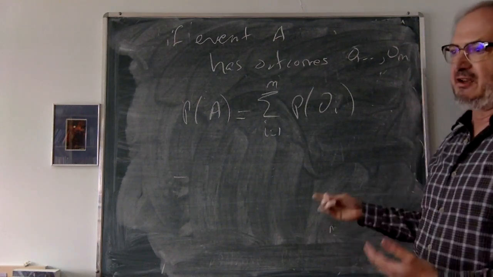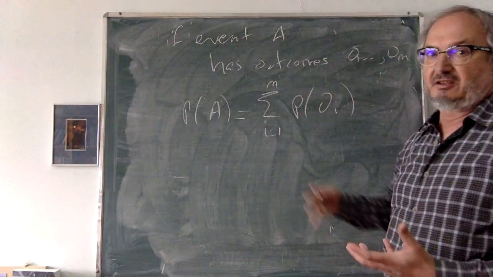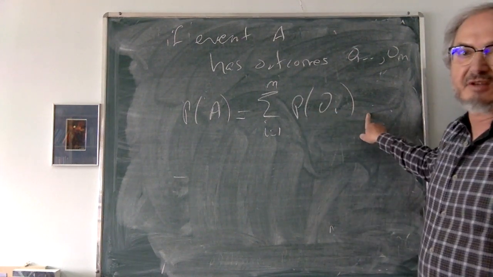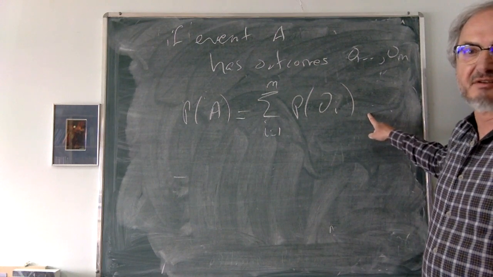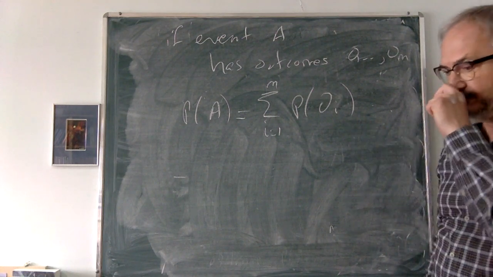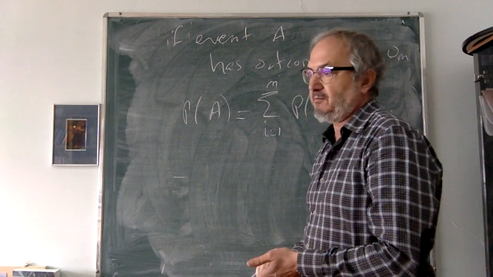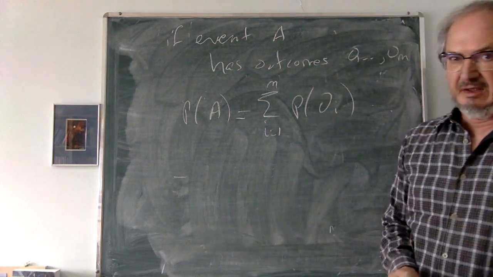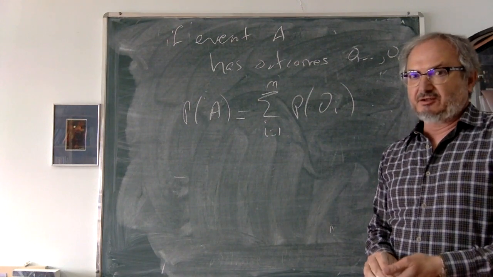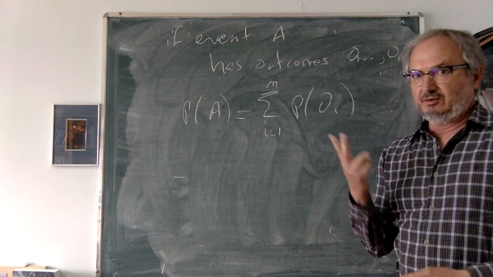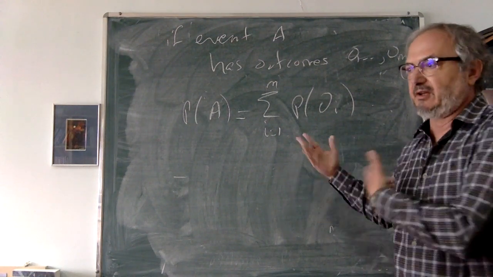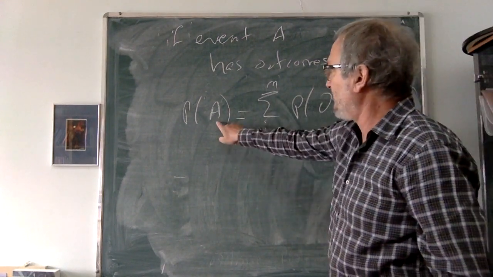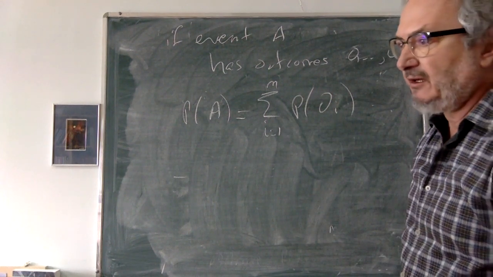In other words, an event is essentially characterized or described by all its outcomes. That's the only way you can characterize an event. Okay. So probability of coming out less than 3 is equivalent to having 2 outcomes, and you get that as probability of coming out less than 2.